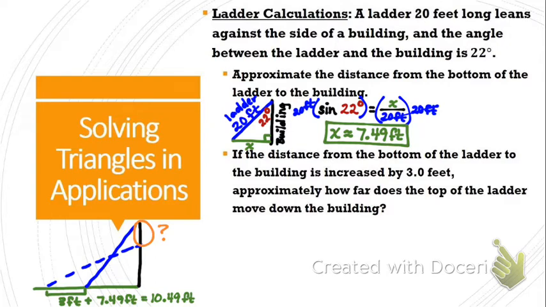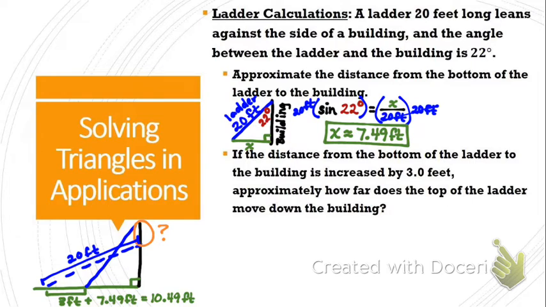What else is going to be useful in helping me figure this out? Length of the ladder. Does that change? Length of the ladder stays 20 feet no matter what. And this building is still making a right angle with the ground because the building and the ground didn't move at all. Okay.